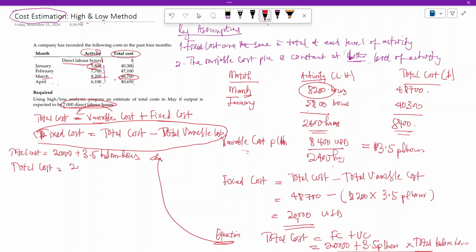Okay, so if the labor hours given in the question is 7,000, then what will be our total cost? Total cost will be 20,000 plus 3.5 times 7,000 hours.